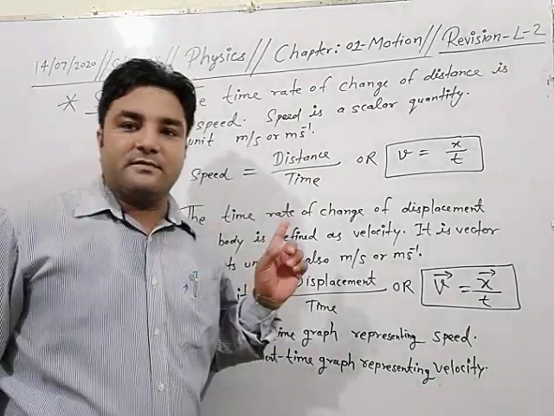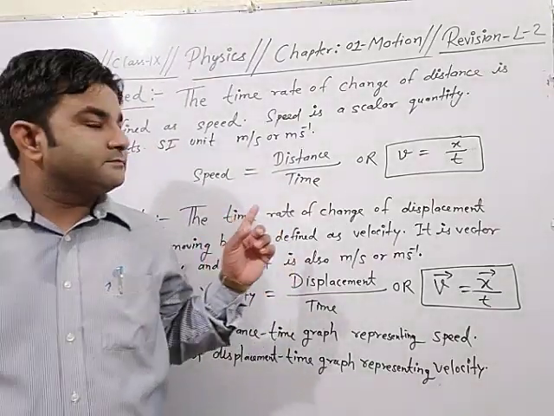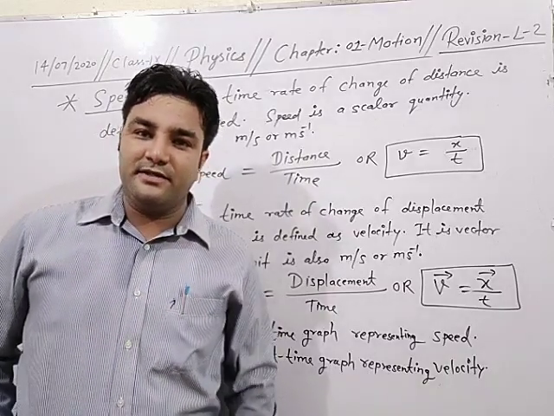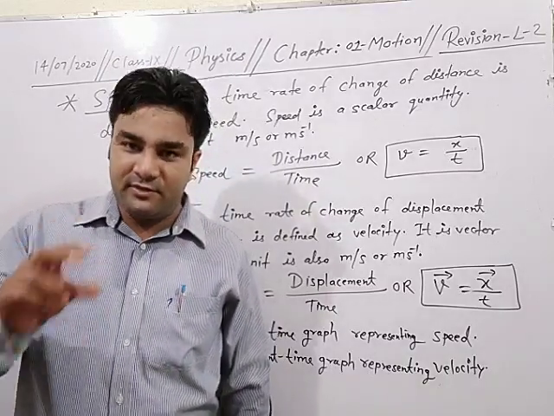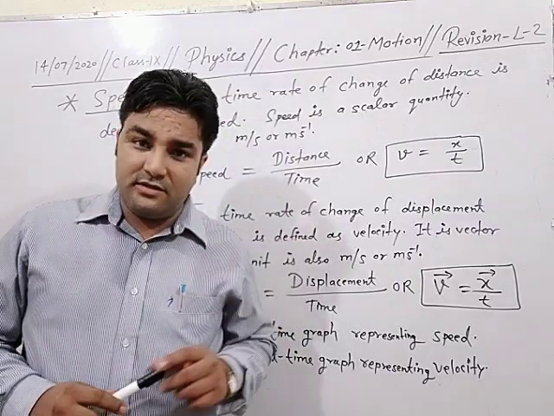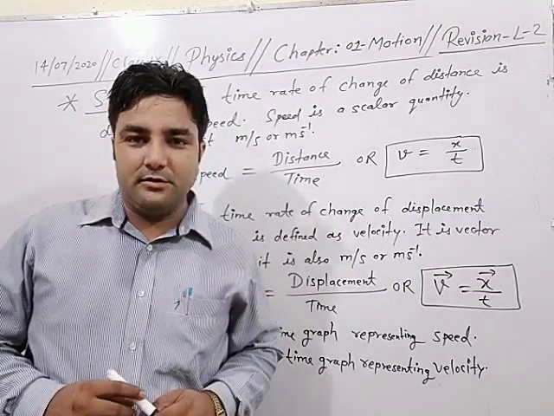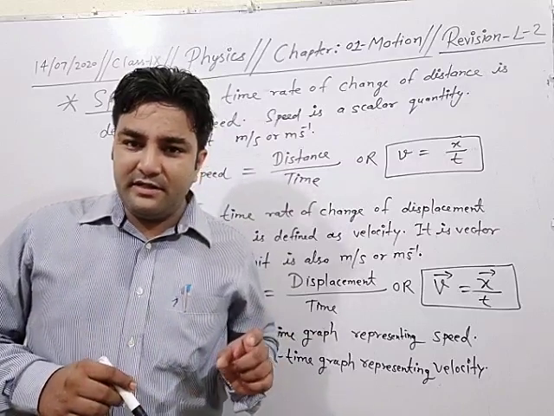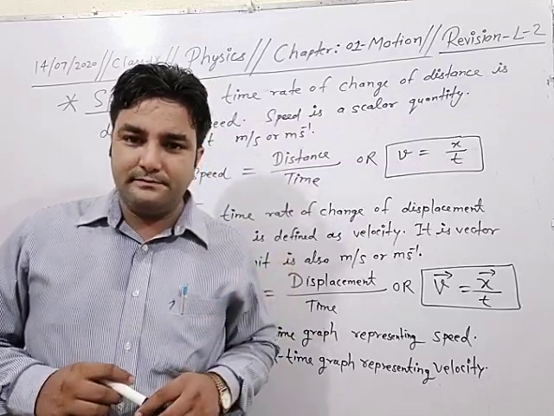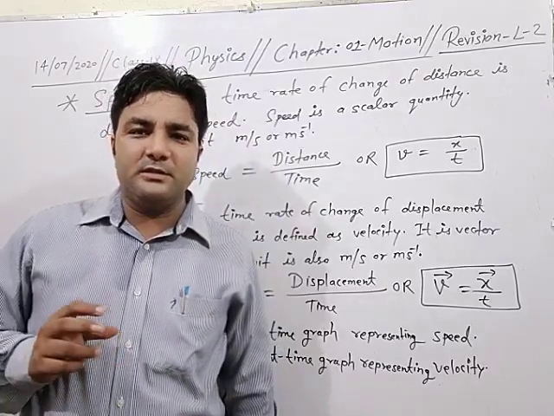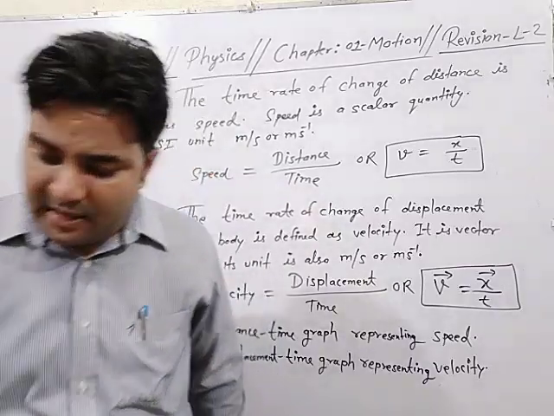Just after the explanation about speed and velocity, the concept of average speed is very important, and students always get confused about how to solve numericals based on average speed. So I will explain in detail the formula for average speed in two different conditions. You should concentrate your mind on the basic concept of average speed.